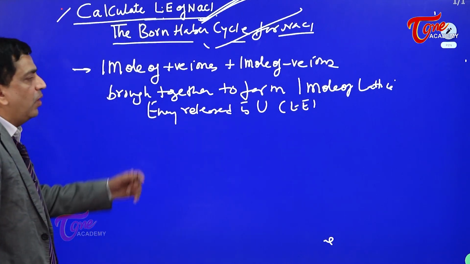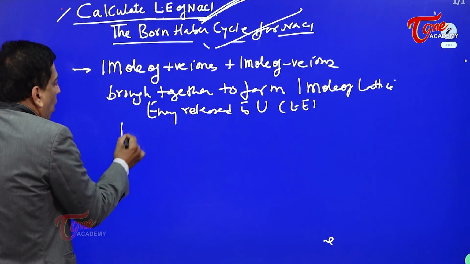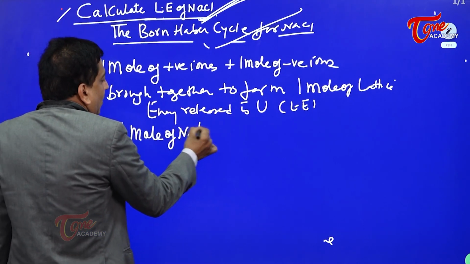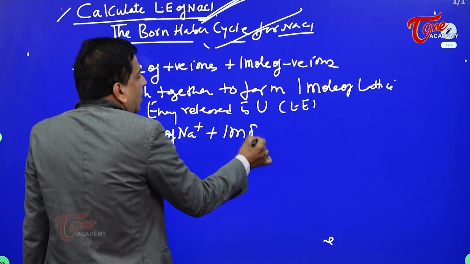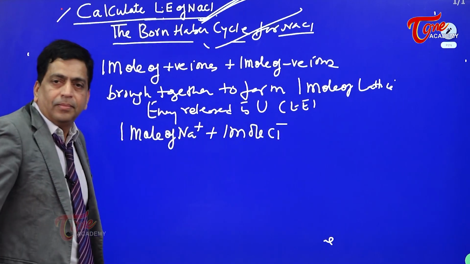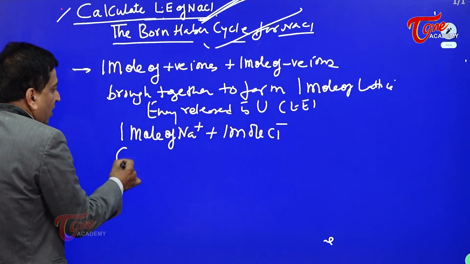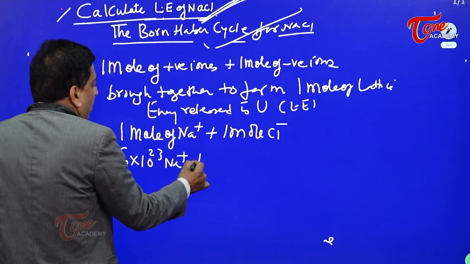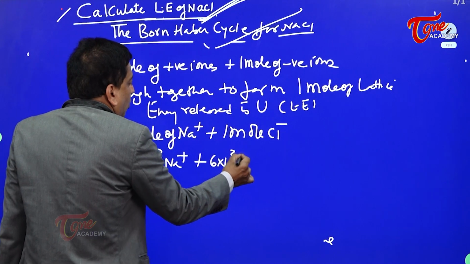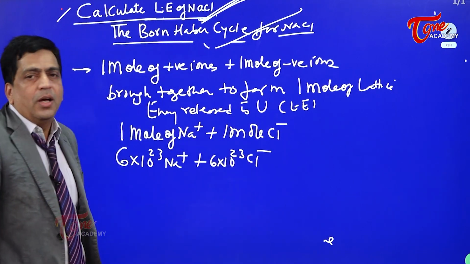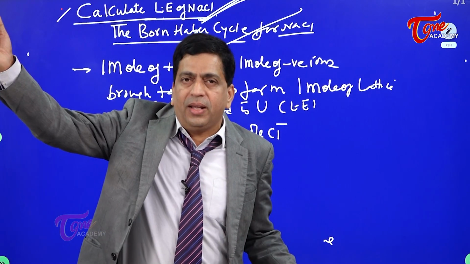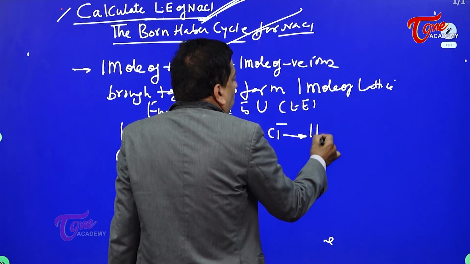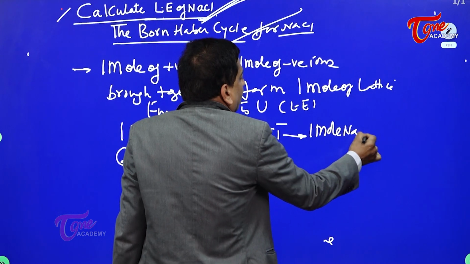For example, if I wanted to apply this, a mole of Na+, a mole of Cl-. What do you mean by this? This is 6 into 10 power 23 sodium ions and 6 into 10 power 23 Cl- ions brought together from infinity to form a mole of NaCl.